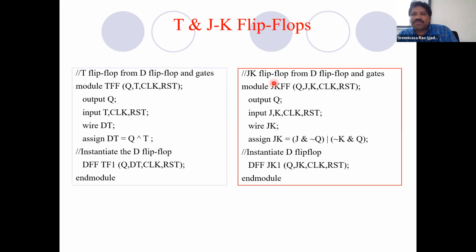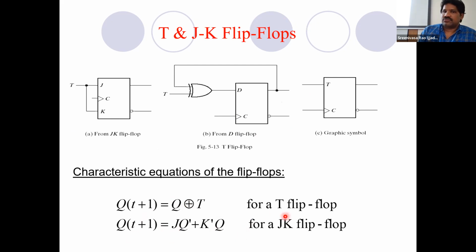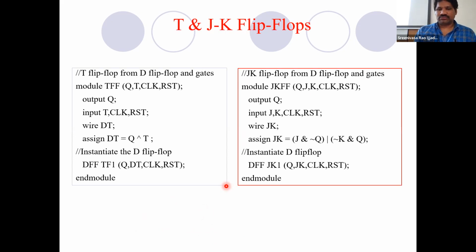Okay, this is the JK flip-flop from the D flip-flop and gates. Module JK flip-flop with Q, J, K as inputs and outputs. Write all the ports: output Q, wire JK, input J, K. And assign JK is equal to the characteristic equation, which is J Q bar plus K bar Q. Generate that one, assign JK is equal to this.